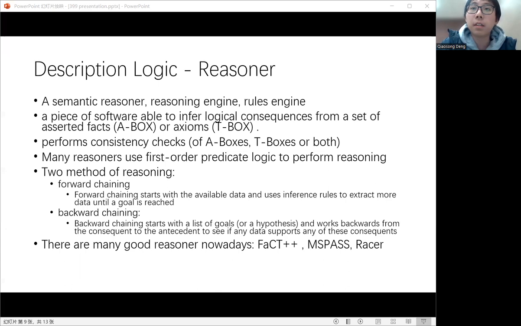If the antecedent of that rule is known to be true, then it is added to the list of goals. There are many good reasoners nowadays, like FaCT++, MSPass, Racer. However, today we don't go into too much detail about any one of them.